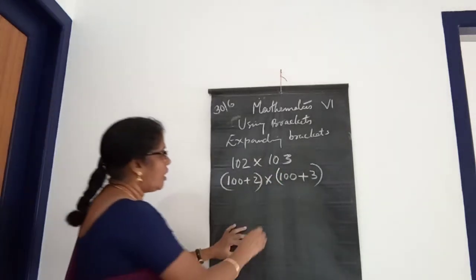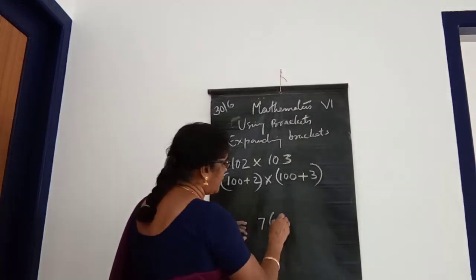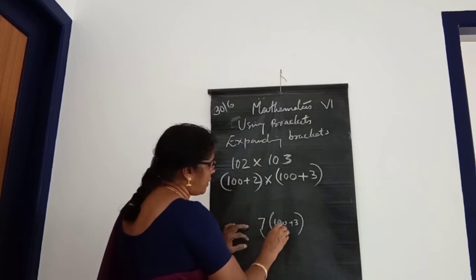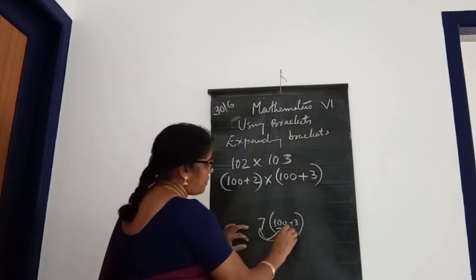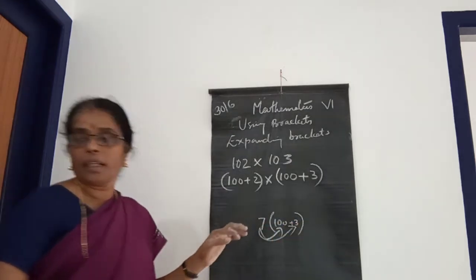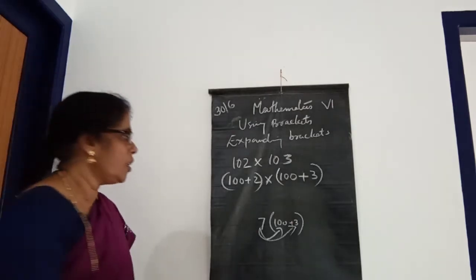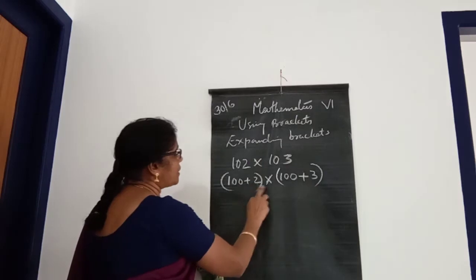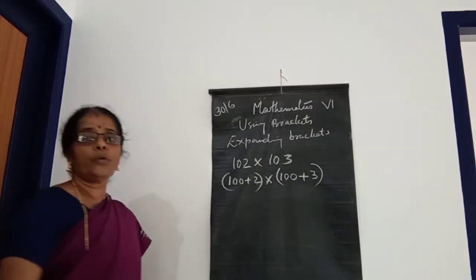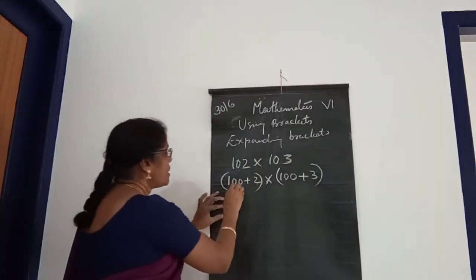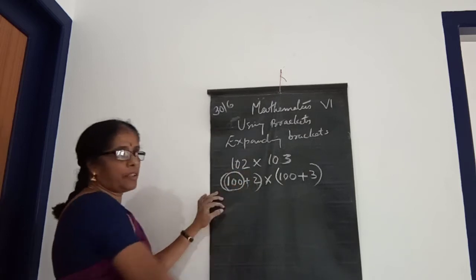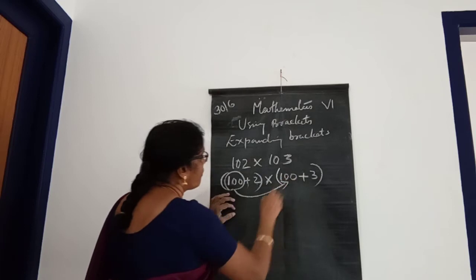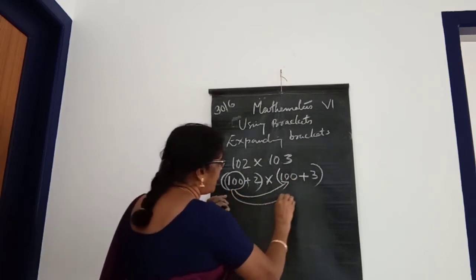What we already learned, children, 7 into (100 plus 3): you multiply this 7 with the 100 and 7 with the 3. But there it was only one number. Here there are 2 numbers and 2 numbers. So, all of you listen carefully, you have to multiply this 100 with 100 and this 100 with 3.